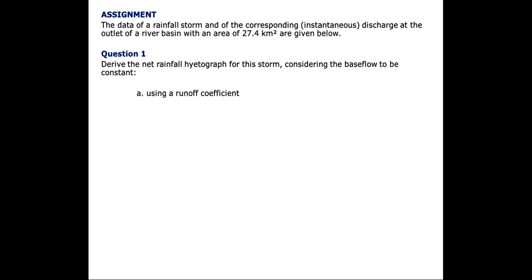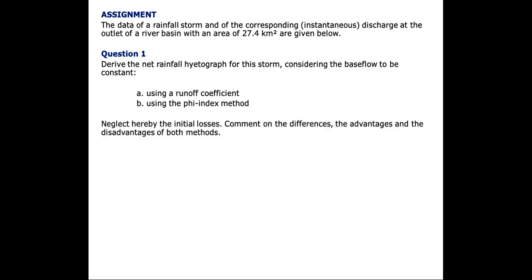A, using a runoff coefficient, and B, using the phi index method. As you remember from the theoretical lectures, these are methods for global losses. What we will do is neglect the initial losses. Another question will be to comment on the differences, the advantages, and the disadvantages of both methods.